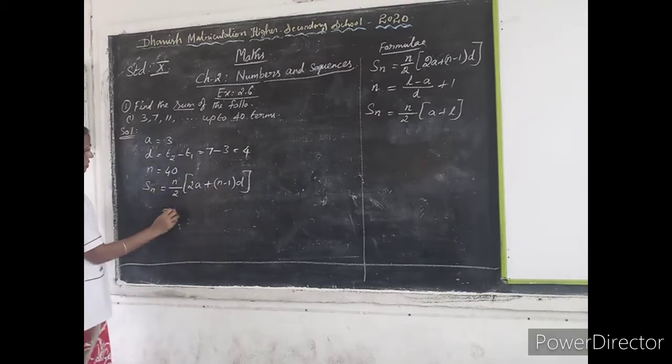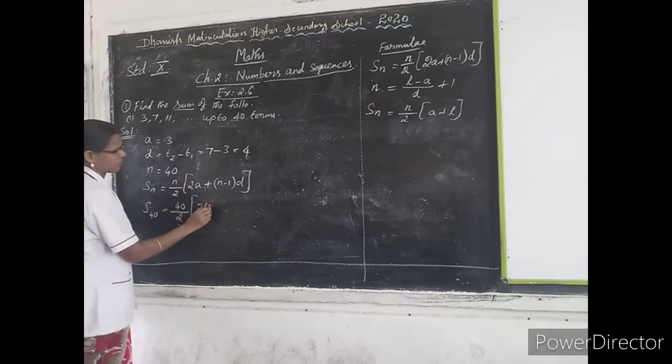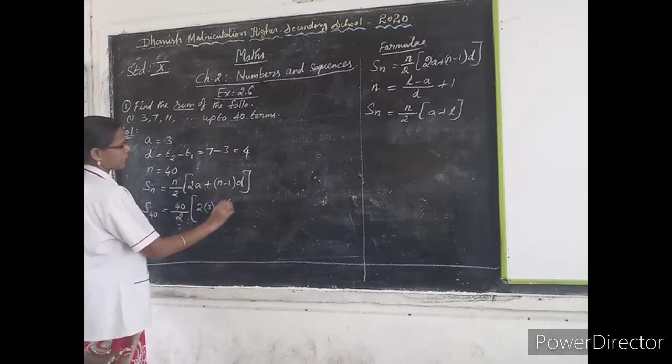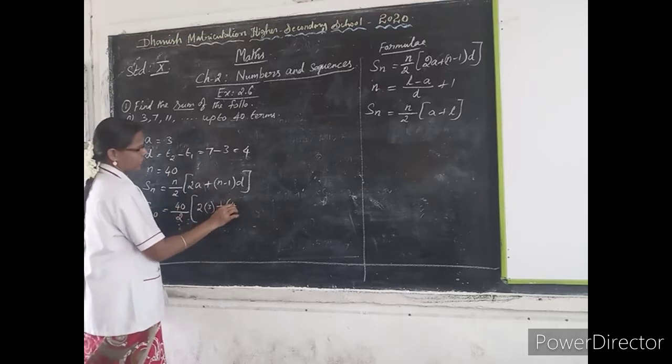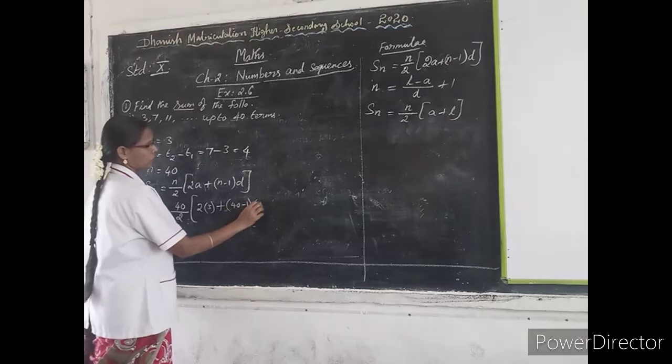So here n is 40 by 2. So here S40 is 40 by 2 into 2 into a, which is 3, plus n minus 1, meaning 40 minus 1, into d, which is 4.